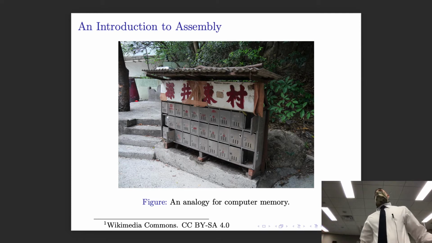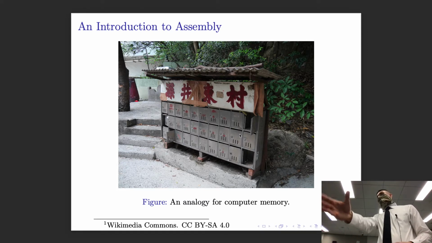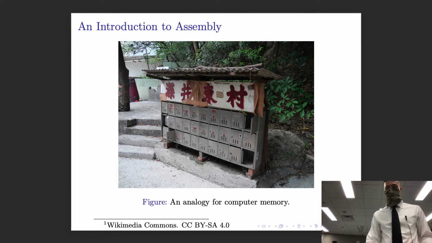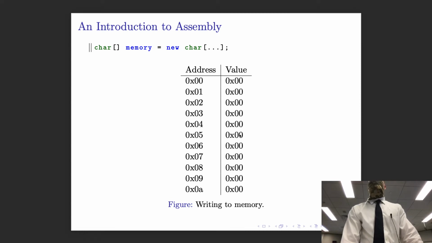Each mailbox or locker is like an address in memory, right? A mailbox has an address. You need the right address to get your mail. Not my best analogy. A better analogy would be the array.